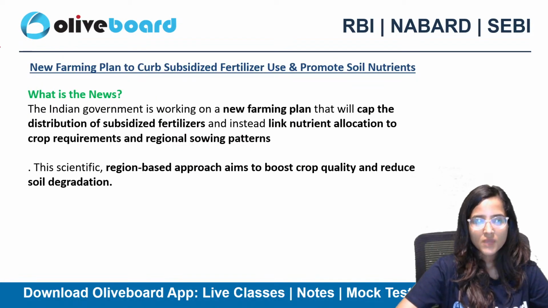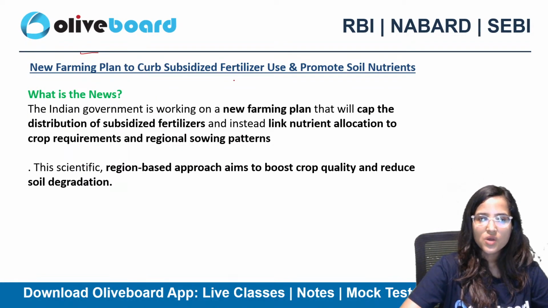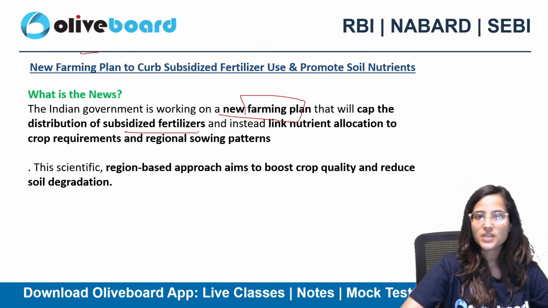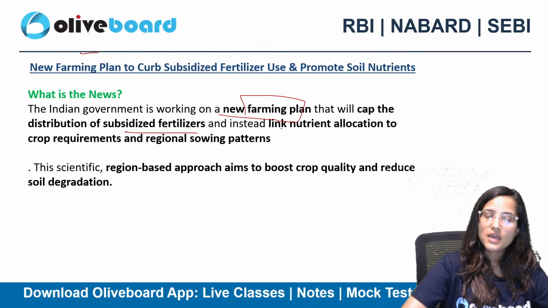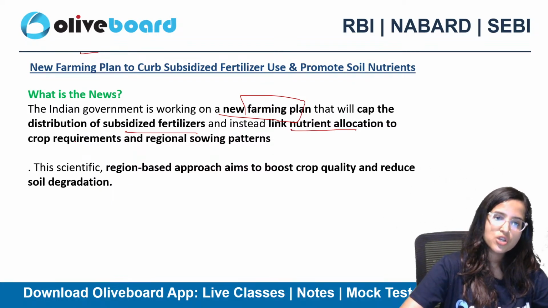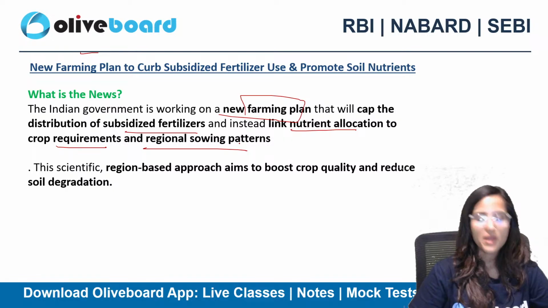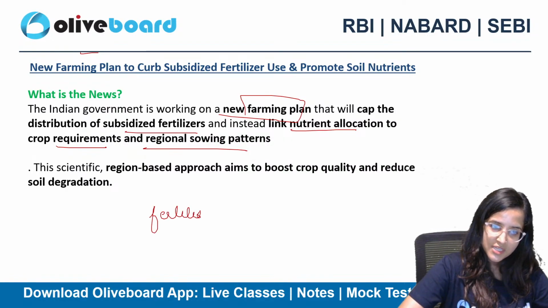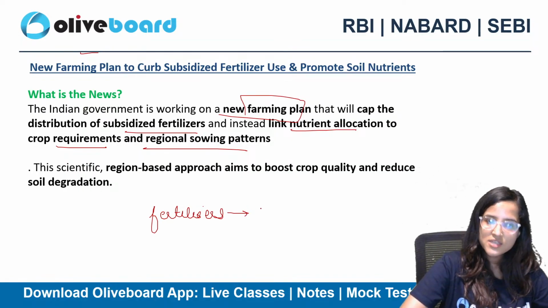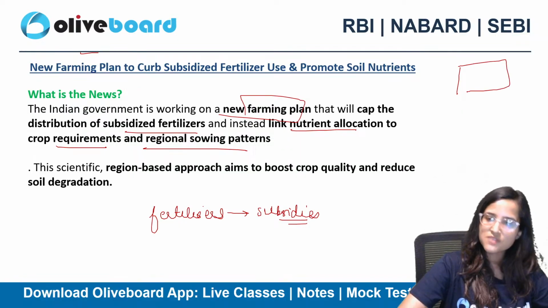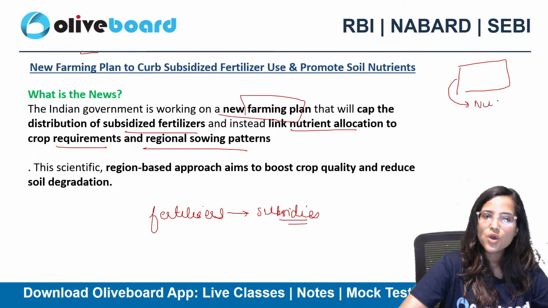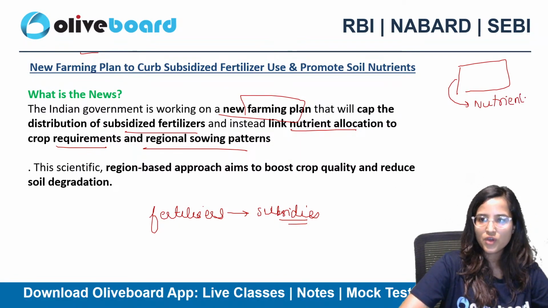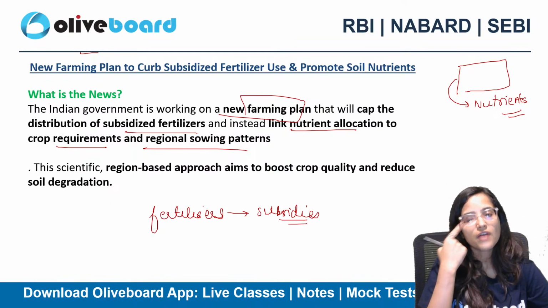Okay? Now here the Indian government is working on a new farming plan which will cap the distribution of subsidized fertilizers and instead link nutrient allocation to crop requirements and regional sowing patterns. Rather than increasing subsidies on fertilizers, what we are going to do is area specific, region specific: we are going to link nutrients, allocate nutrients area-wise so that there is no wastage.